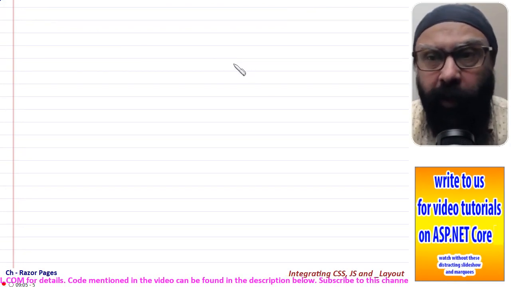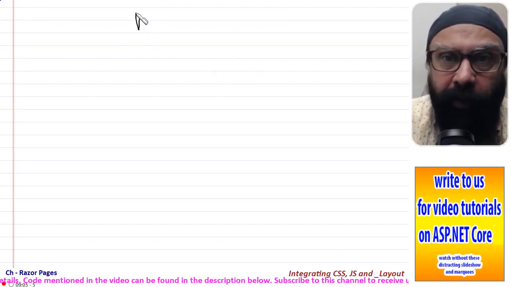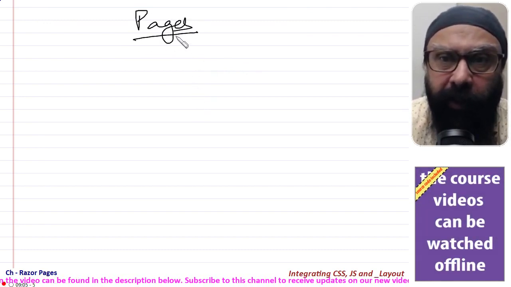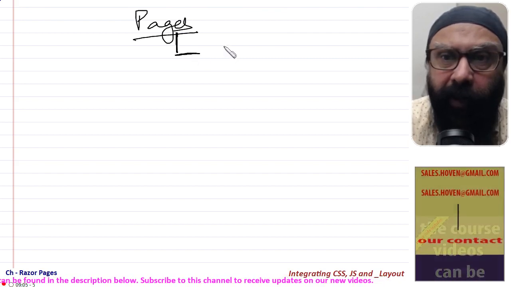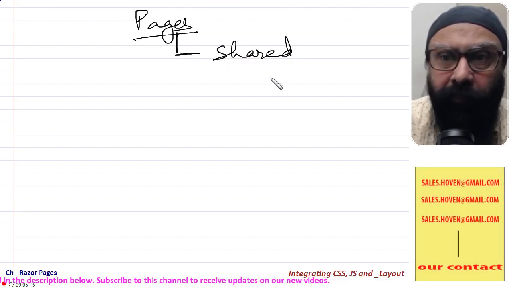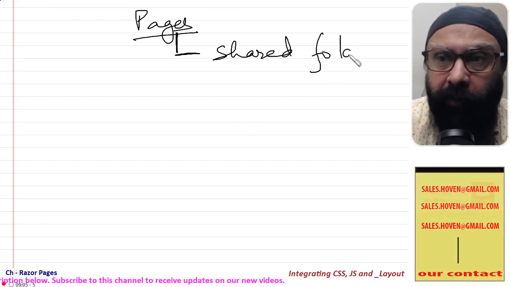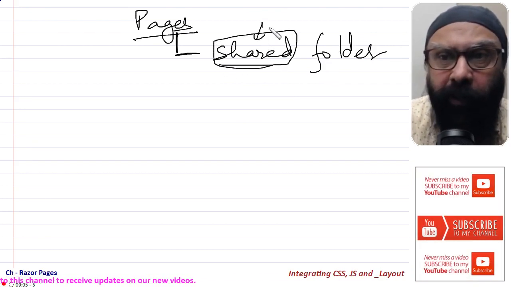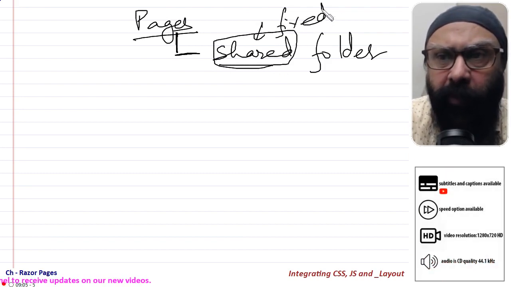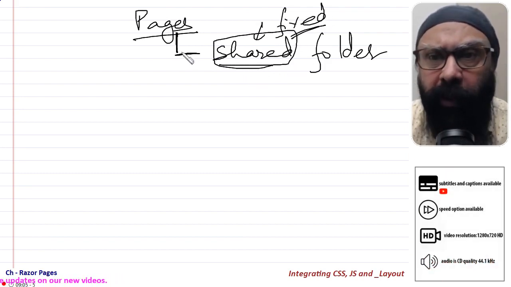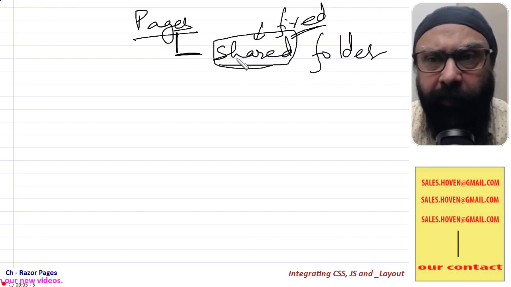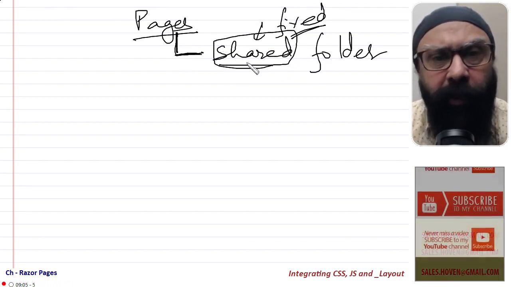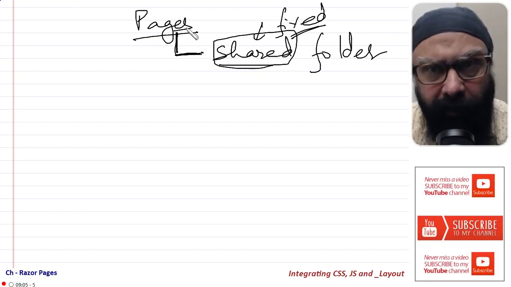So first of all, this is your pages structure. In this pages structure, we create a folder called Shared. This folder name is Shared, and this name must be fixed, for readability also. Keep the name same as Shared, with a capital S. So create a Shared folder inside your Pages directory.